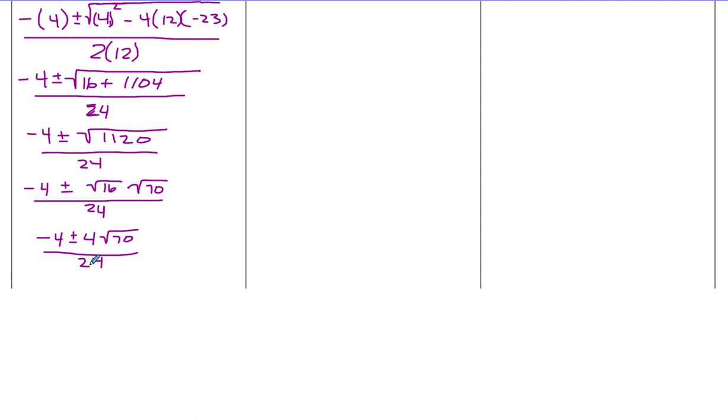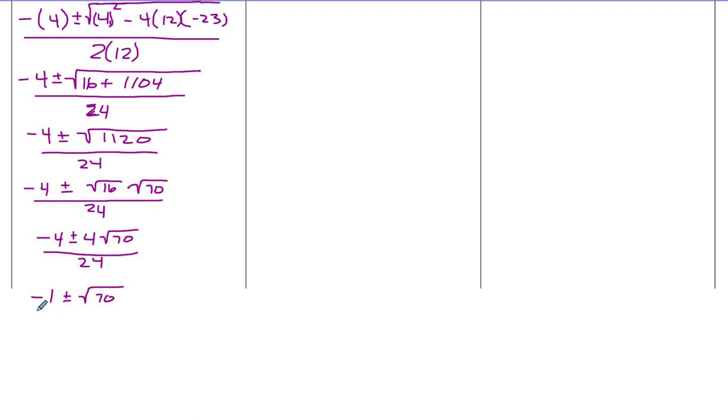We know that 4 over 24 can be reduced. How many times does 4 go into 24? It goes in 6 times, right? So we can actually reduce this to a negative 1 plus or minus, and we'll have a 1 in front of the radical 70, and since it's a coefficient of 1, we don't need to put the 1.